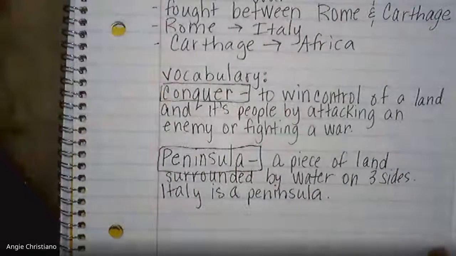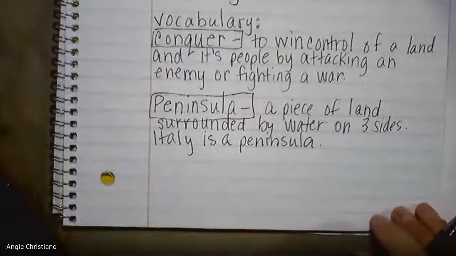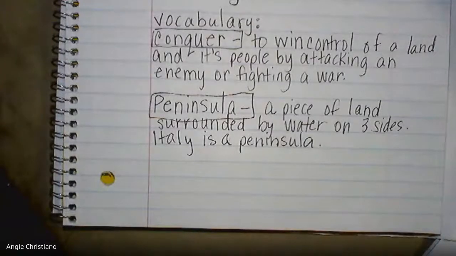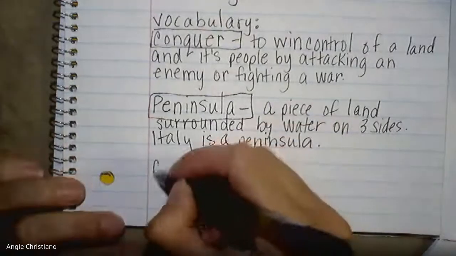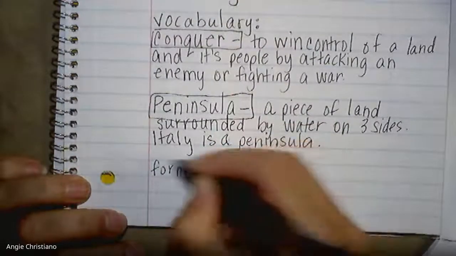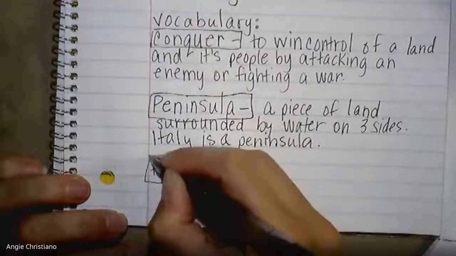And the last thing we're going to write for our vocabulary words is formation. And if you remember correctly, the Roman army got into a formation when they were fighting, an orderly arrangement such as in rows or a line. Formation.